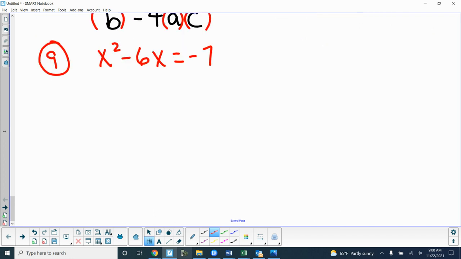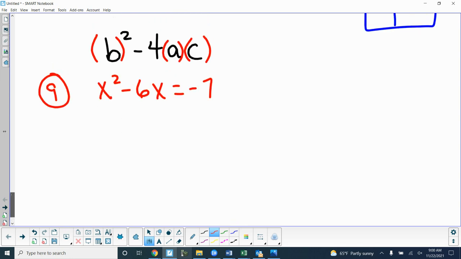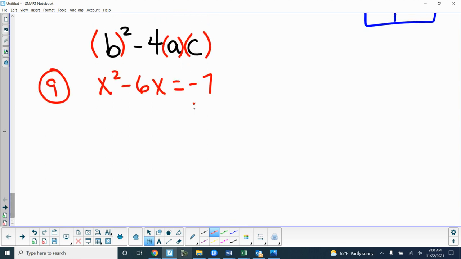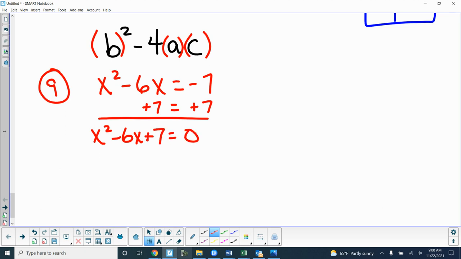So the first thing you want to do is set it equal to 0 so you get the right a, b, and c value. All right, so b squared would be negative 6 squared minus 4 times a, which is 1, times c, which is 7. We're trying to figure out what that equals.